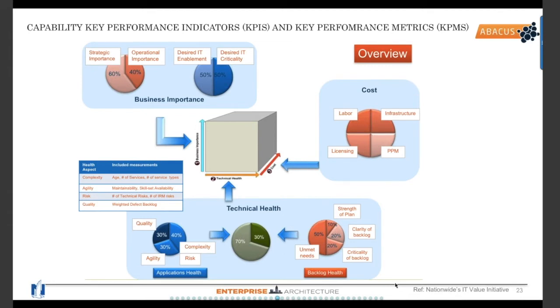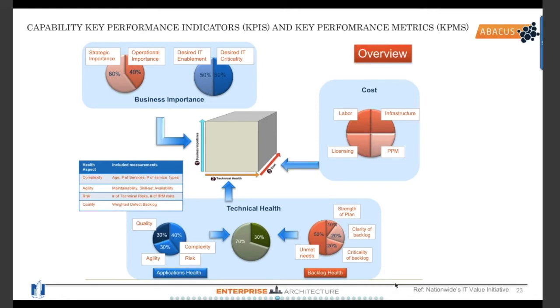The desired IT enablement and desired IT criticality. That means it may be a very business critical capability, but IT may or may not play a critical role in that specific capability. The other part is the cost. As you can see, there are 4 types of cost that we talked about earlier. You have to bring it back up to the capability level.